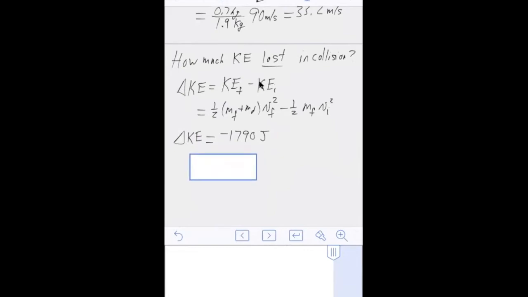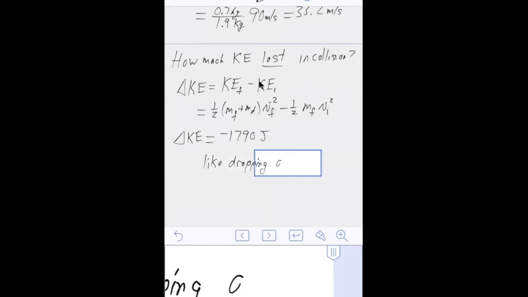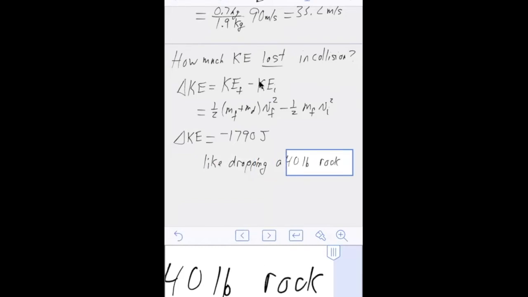So I could compare it to a gravitational potential energy. This would be like dropping a 40-pound rock from 6 feet.